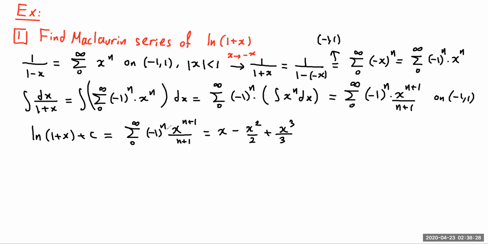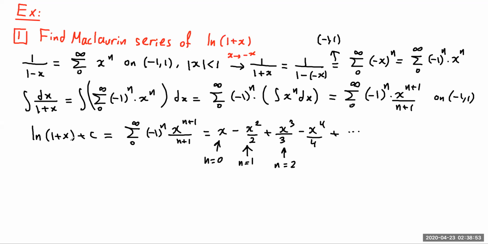Here negative for n equals 1, and positive for n equals 2, x power 3 over 3. So here n equals 2, this is n equals 1, and here n equals 0. Okay, minus x power 4 over 4 plus x power 5 over 5.